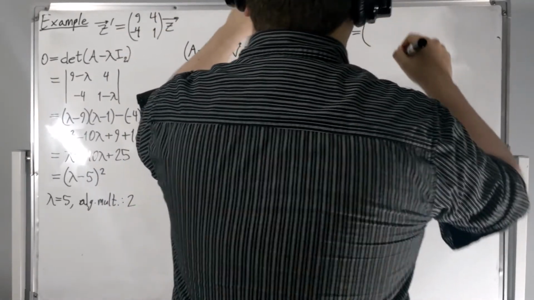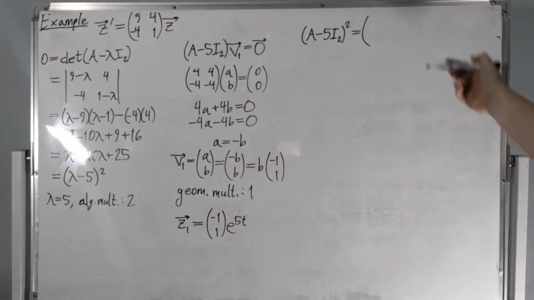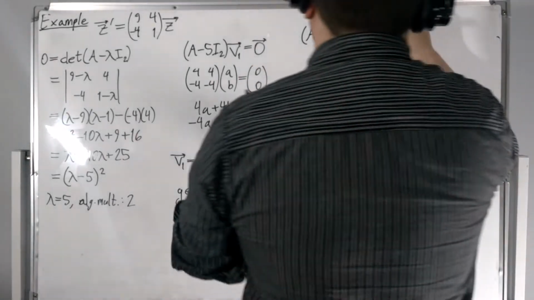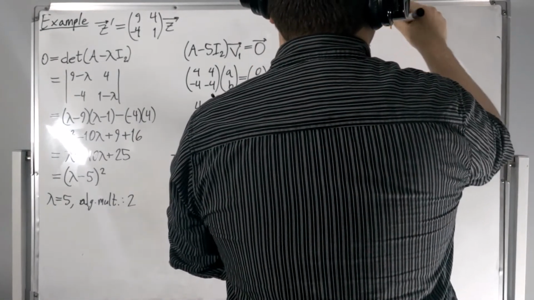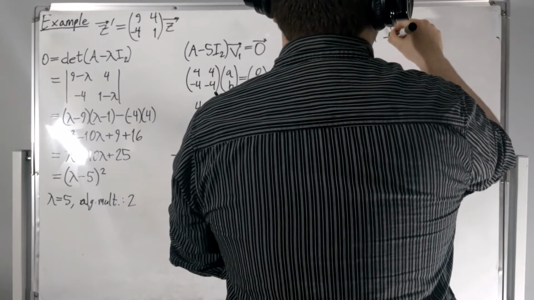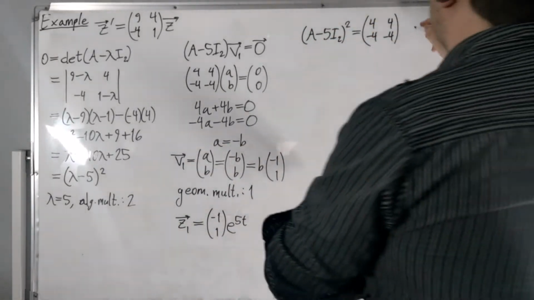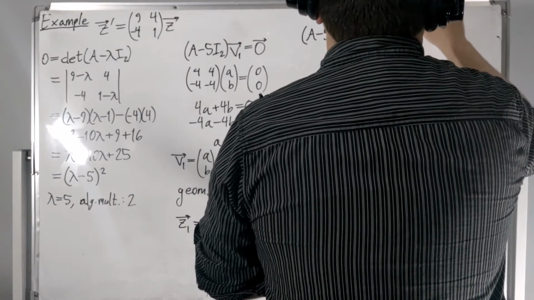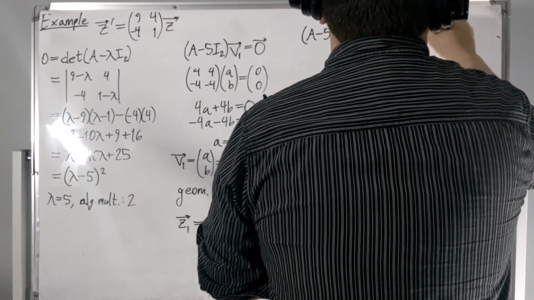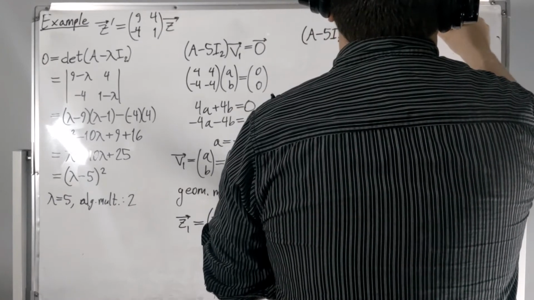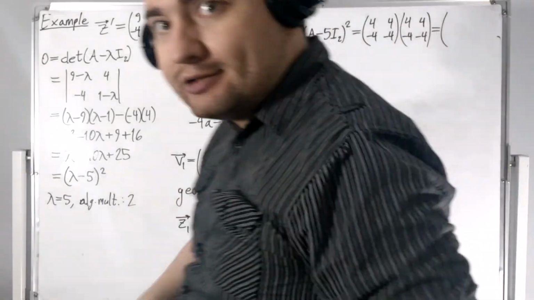So, A minus 5 I2 is 4, 4, negative 4, negative 4. We want to square that, so to square it means to multiply it by itself. And then you do this matrix multiplication.